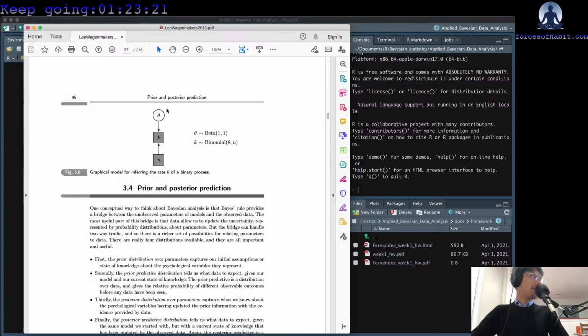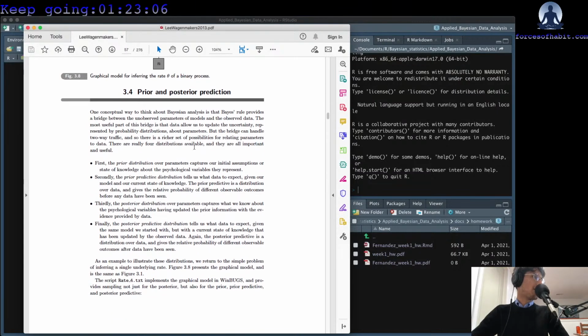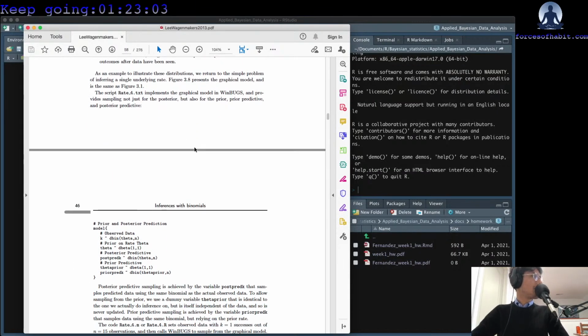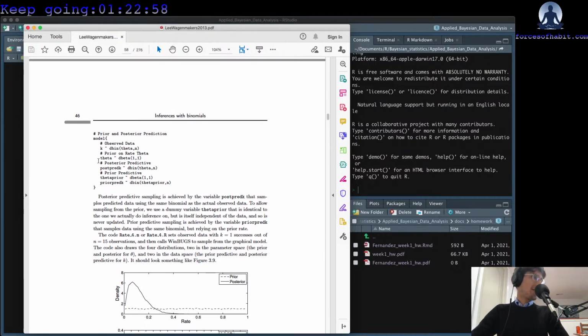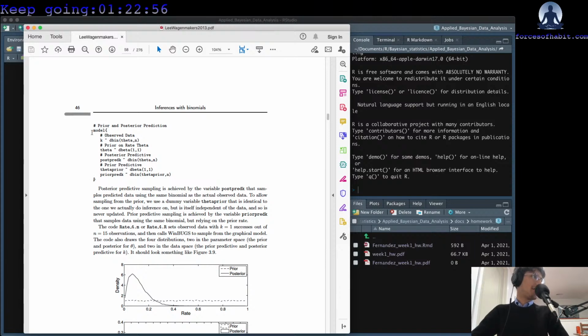The rate of success and the total number of trials gives us information about how many successes we see, and then we make some assumptions about how these things ought to be distributed, or are distributed, in our opinion. And this is the JAGS code, or this is the model code, Stan code. We have k-bin, it's a binomial, there's data n, and let me pull up the code now.